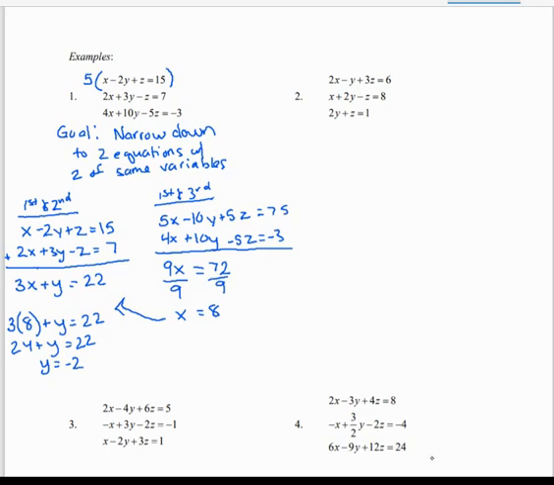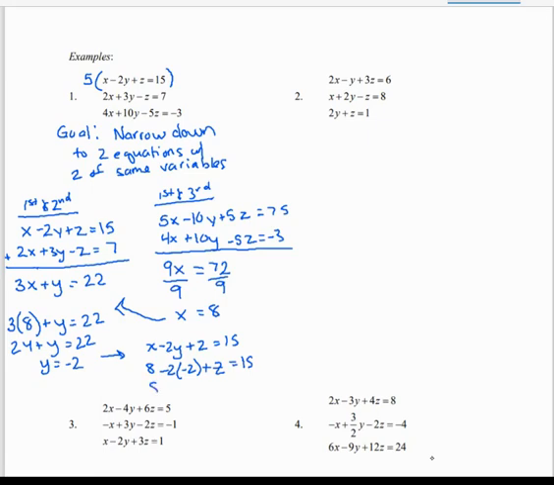To find z, I'm going to substitute into one of the original equations. I'll substitute it right into the first because z is positive and alone there. So x minus 2y plus z equals 15. I know x is 8, y is negative 2, and we're looking for a z.